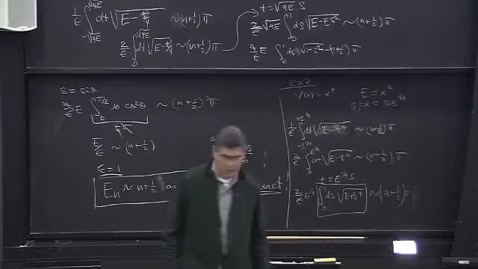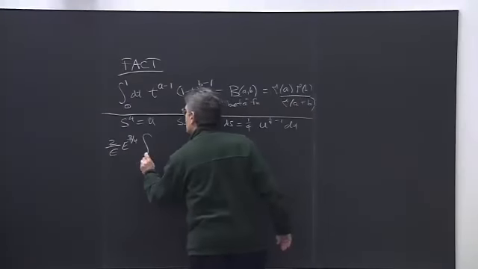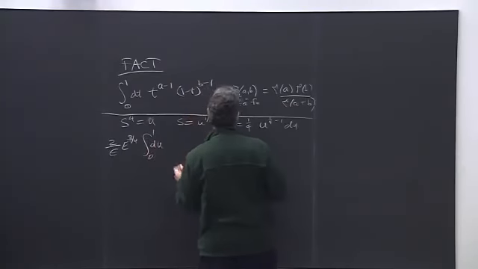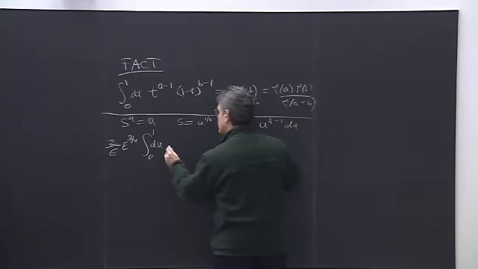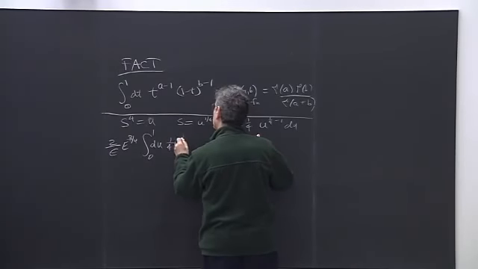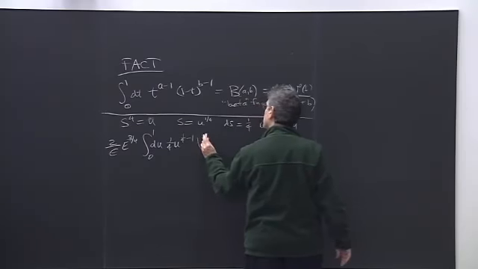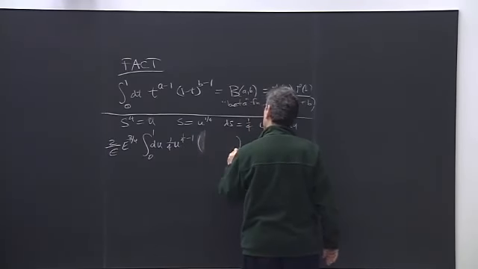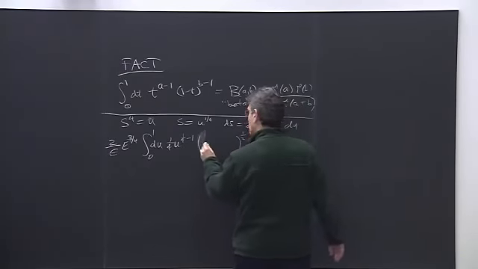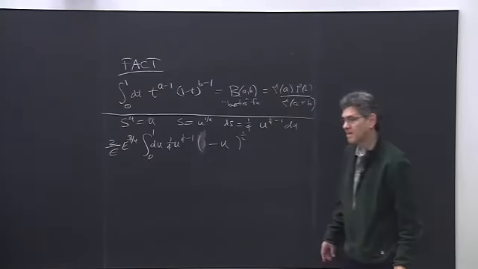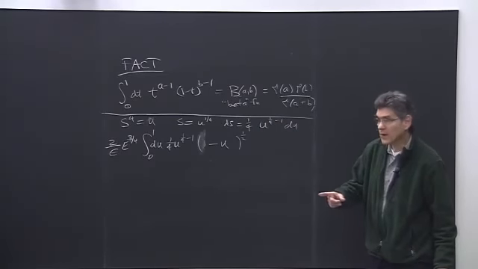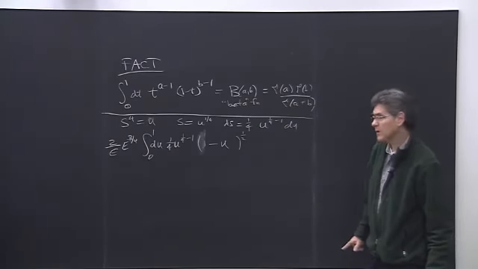And what I'm left with is an integral from 0 to 1 du times 1/4 u to the 1/4 minus 1 times the square root of 1 minus u. Did you all follow that? This is just arithmetic.